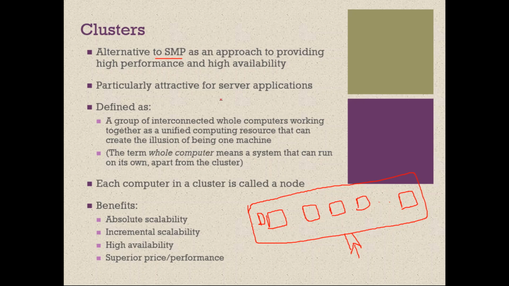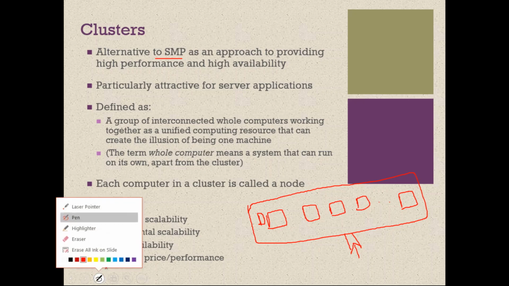In a cluster, that is not the case. You will have individual standalone computers, and every computer will have its own IO devices, memory, hard disk, etc. But we form them as a group, they work together, and it provides an illusion to the user as if it is a single machine.